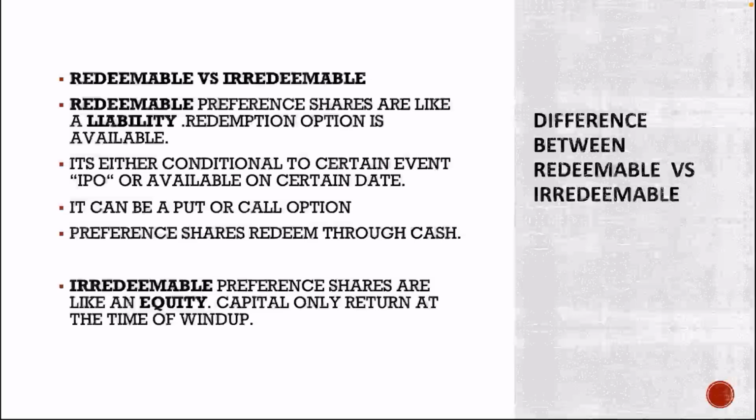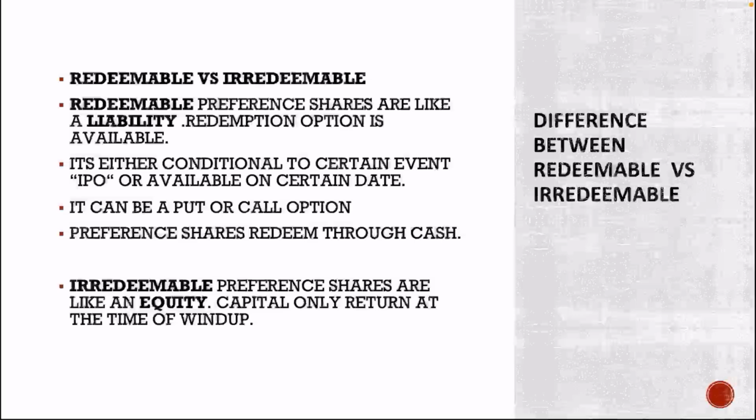Redeemable preference shares also have a put option. The holder of a redeemable preference share may also exercise the option himself, which is called the put option. On a certain date, on a certain condition, maybe on an IPO, there is an option to call the preference shareholders. We don't need any preference shareholders anymore.